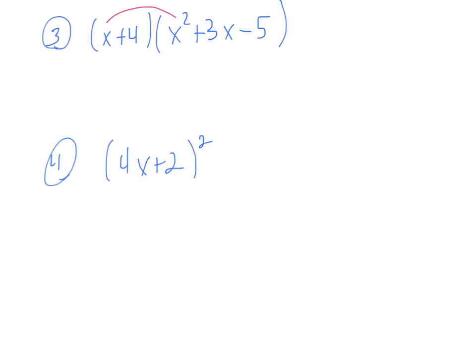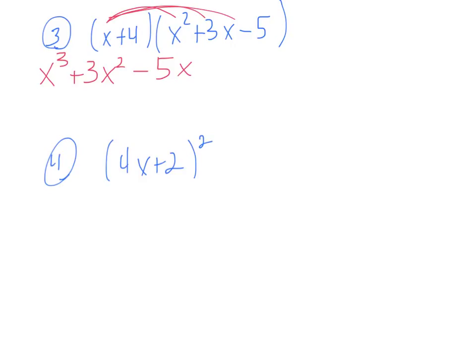So x times x squared is x to the 3rd power. x times 3x is 3x squared. And x times negative 5 is negative 5x. So you can see now that we've had to distribute that first term 3 times instead of 2.